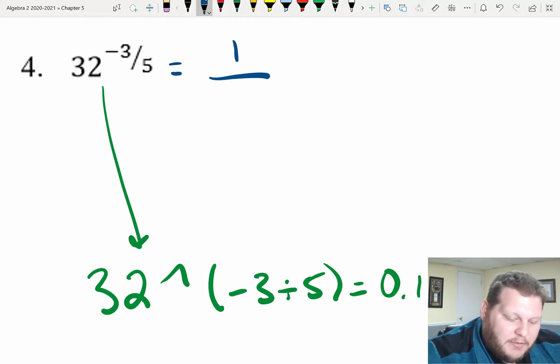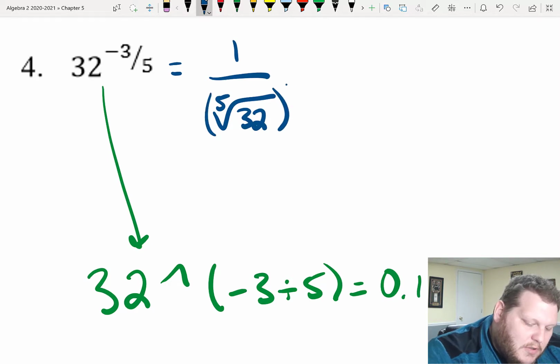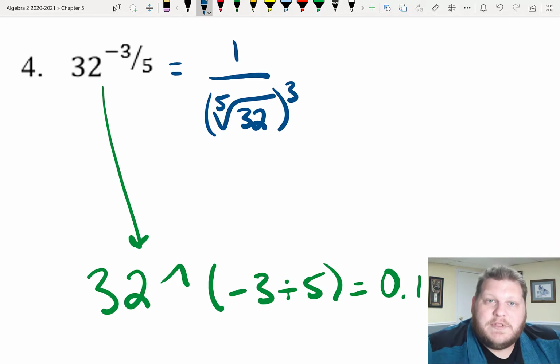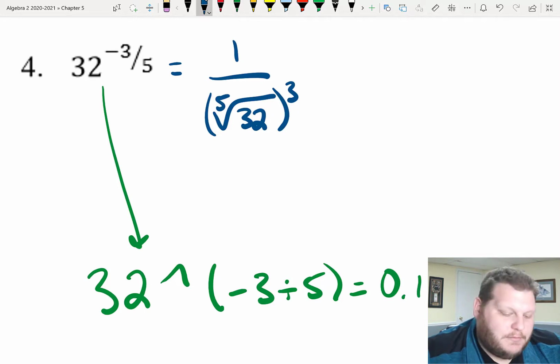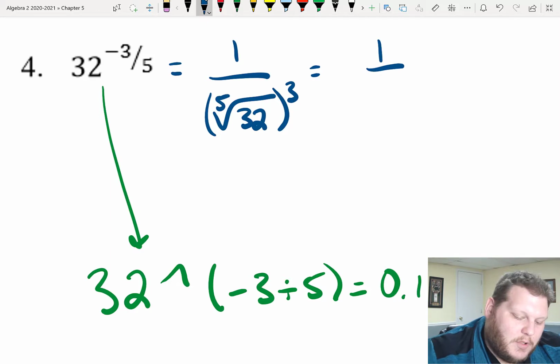And now if I go ahead and rearrange right away, this is going to be the 5th root of 32 cubed. Again, my denominator becomes my root. My numerator of the fractional exponent becomes the power on my root. So from here, I know that's going to be a 1 over.